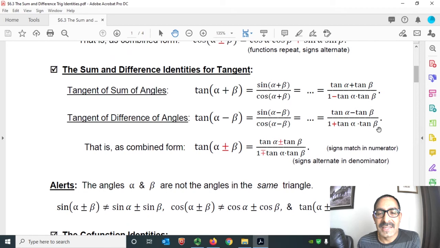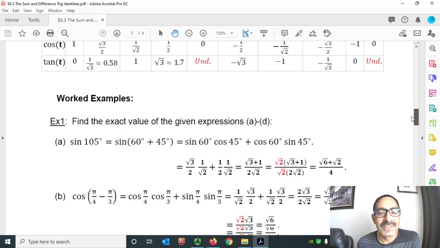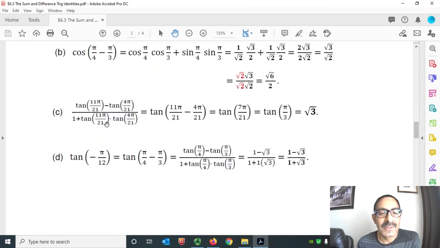For the tangent, this right hand side is given to us, minus in the numerator, plus in the denominator. Then this equals the left hand side here, tan of alpha minus beta. Let me scroll down. I hope this makes sense to you here. So minus in the numerator, plus in the denominator. So our formula is the tangent of the difference of angles.